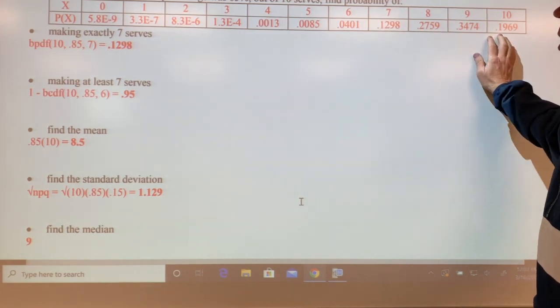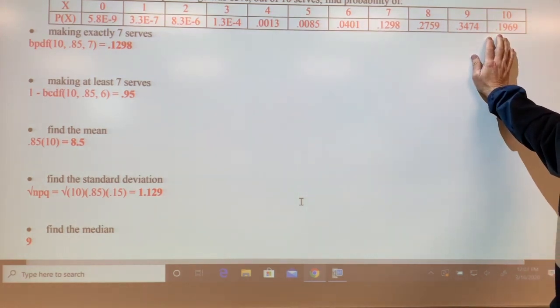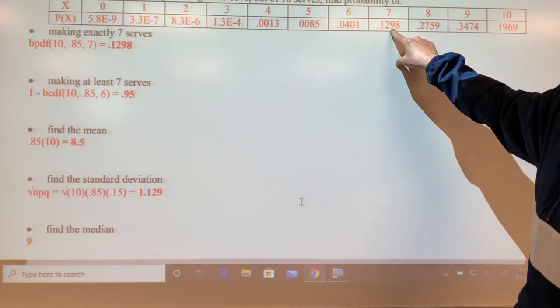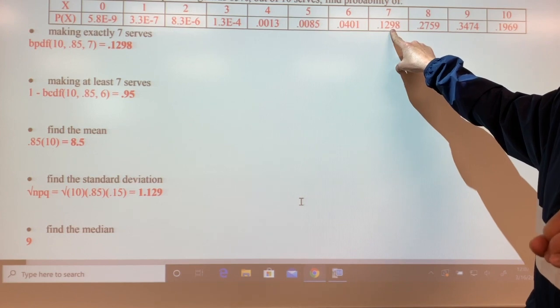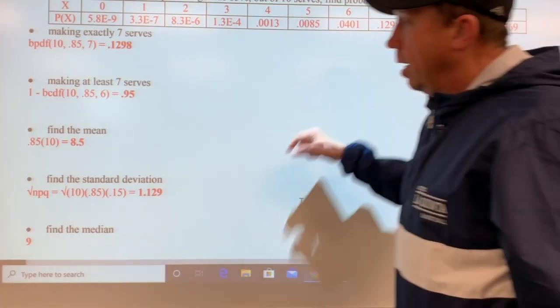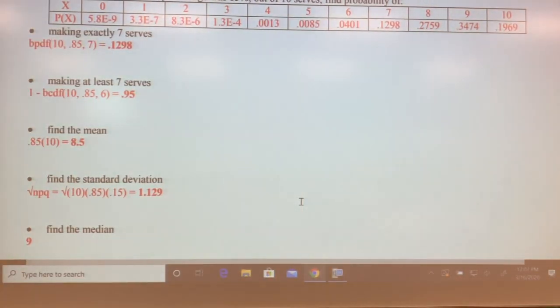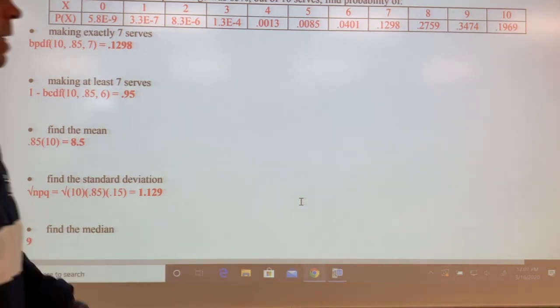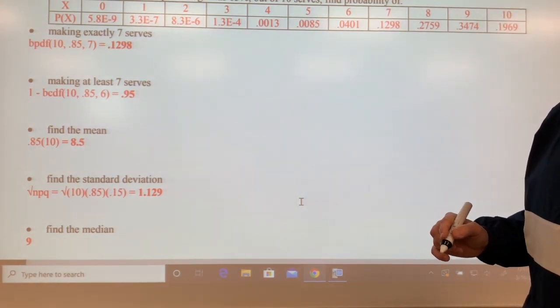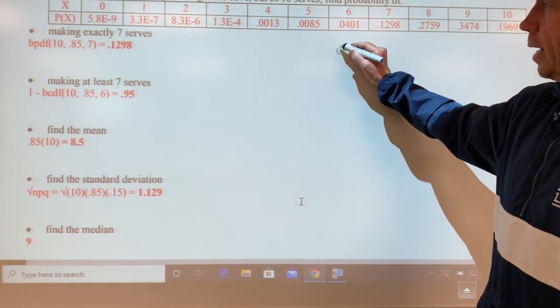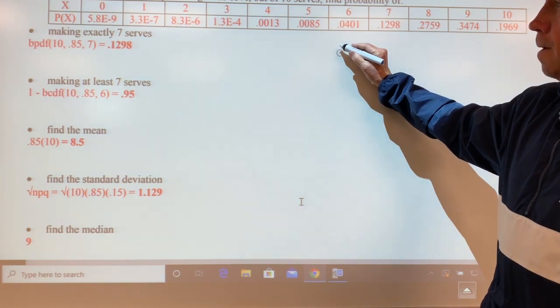You could add those up. Or you can look at the CDF function and realize at least 7 is 1 minus 6 or less. And 6 or less, if you're using the PDF function or CDF function, would be right here on your calculator, okay?